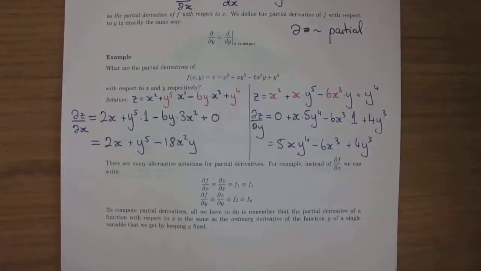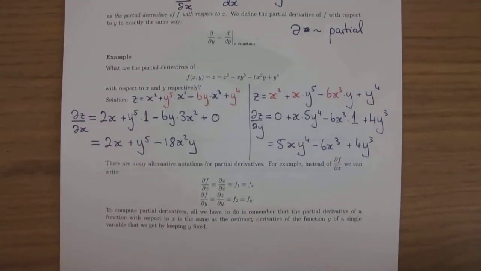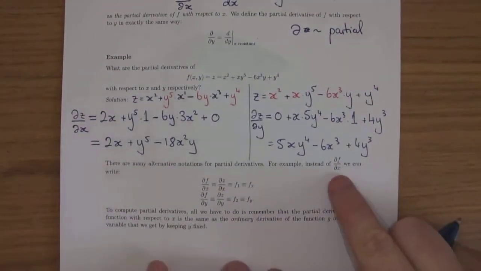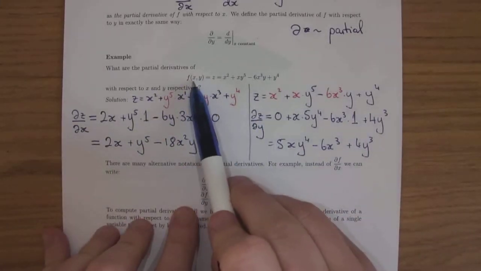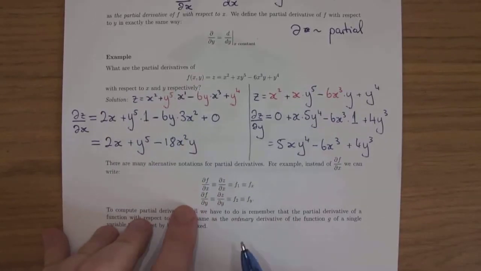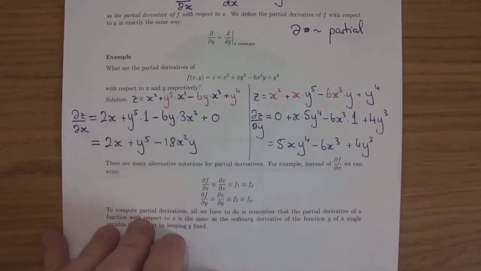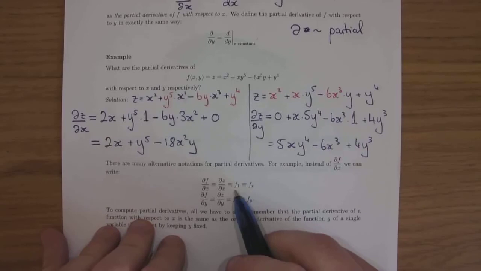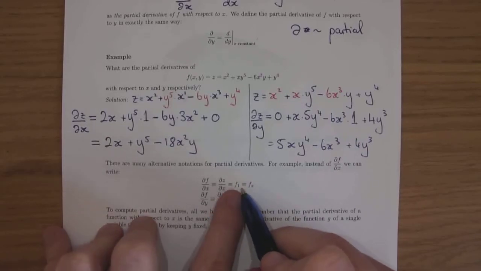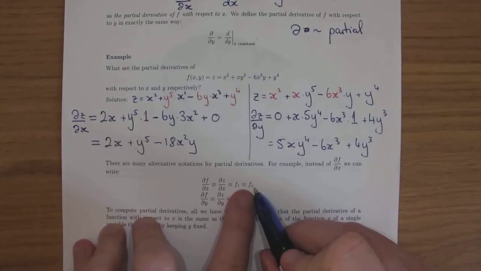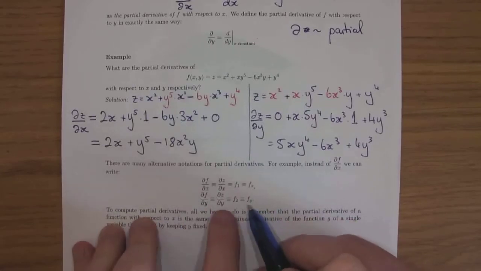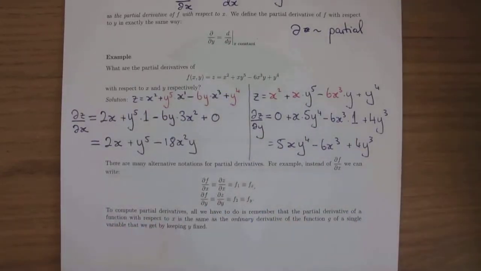Now the next thing is just saying there's loads of different notations for partial differentiation. I think mostly we're going to use this one, but we could have equally used partial f, partial x, and partial f, partial y. We used partial z, partial x. You can also use f1 and f2. f1 means differentiation with respect to the first variable, which is x, which is sometimes also written f sub x, which is not f of x, it's saying take the function, differentiate with respect to x, differentiate with respect to y.